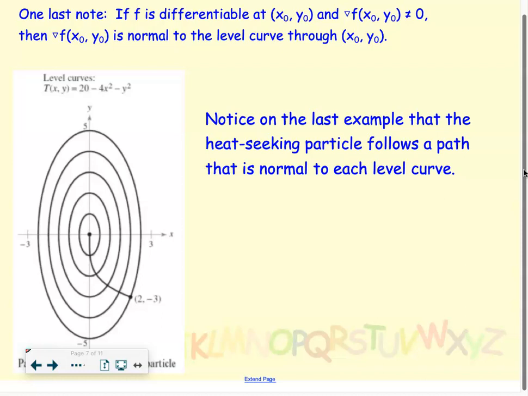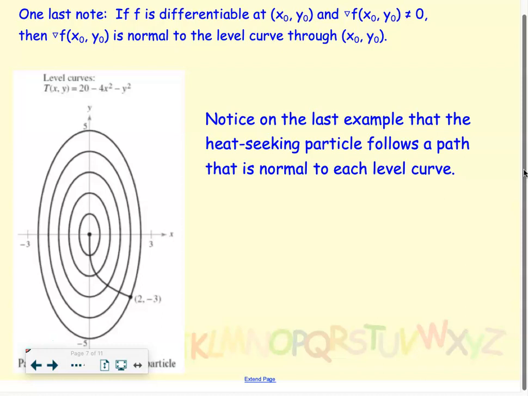So what ends up happening is, if this is your level curve, I don't know what these actual temperatures are, but this is a heat source, and you have a heat-seeking particle. Let's say the temperature goes by 100 degrees, so 100 and then 200 and 300 and so forth, or actually it'd probably be higher here and lower here, so 500, 400, 300, 200, 100, something like that, right?